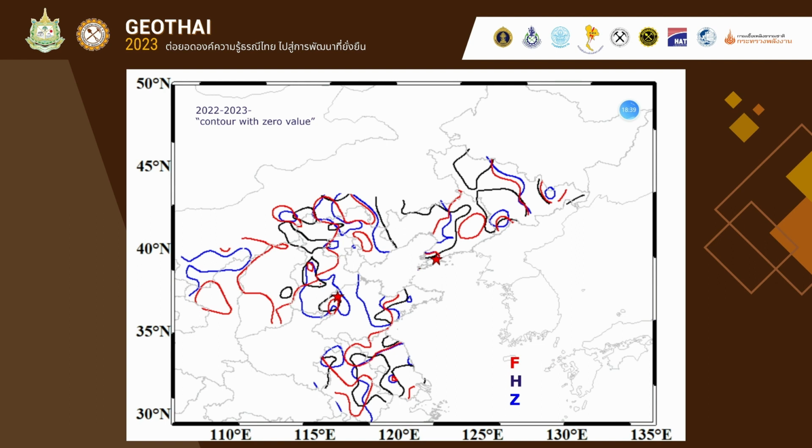So if we put all the zero contours or zero variation arrows together for the three elements, we choose the places where all elements show less variation or zero variation. We pick this place as abnormal.